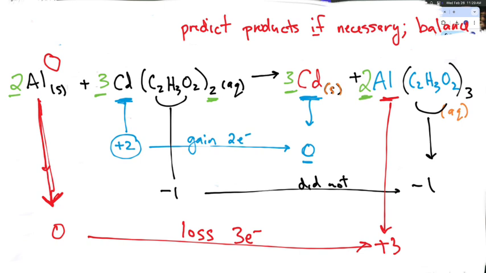No. Oxidation state is the balance of protons and electrons on a single atom. Charge is the balance of protons and electrons on anything, which could easily just be a unit. So when we're going through and looking at the equation up here, aluminum by itself is a unit.